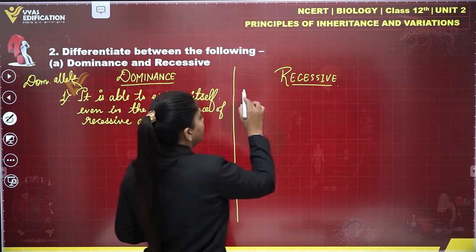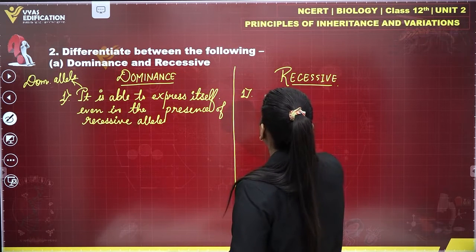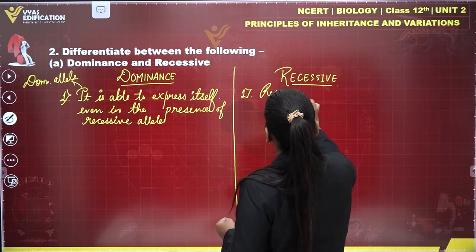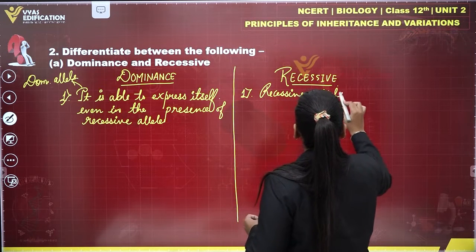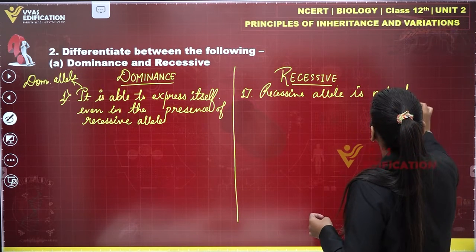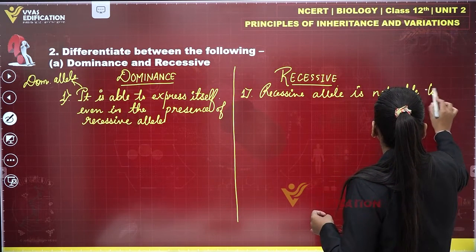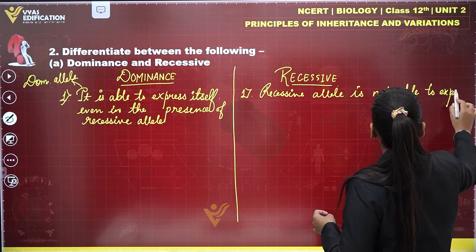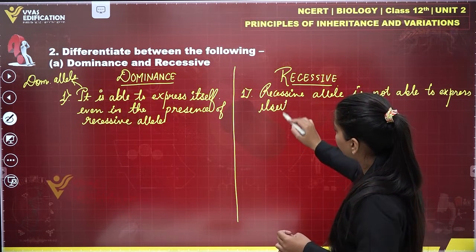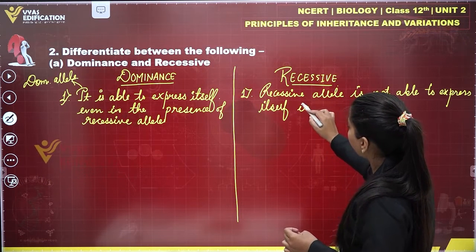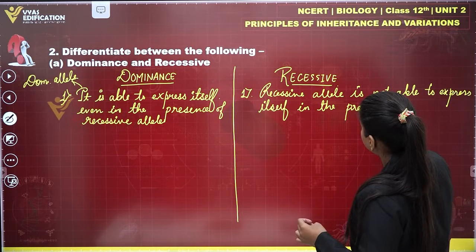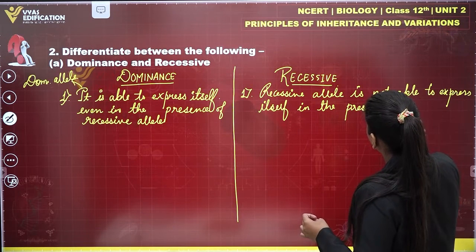Whereas if we talk about the expression of the recessive allele, the recessive allele is not able to express itself in the presence of the dominant allele.